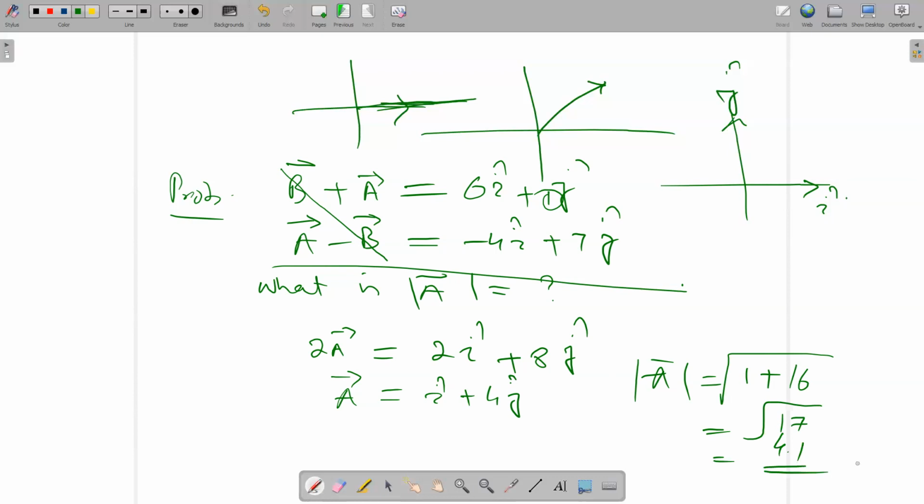This is the answer. The question is, if we add B into A, we will get this value. If we subtract B from A, we will get this value. So you will just write it and solve it with mathematical equations. Okay.